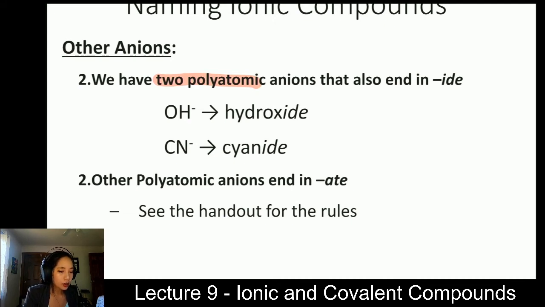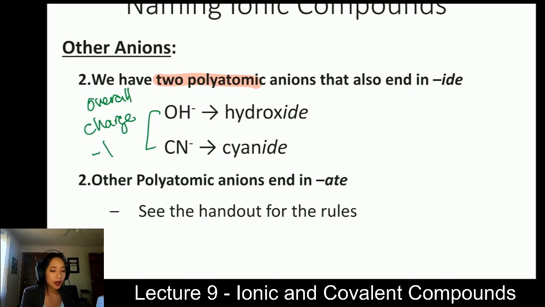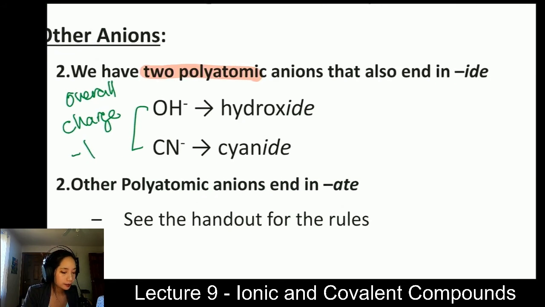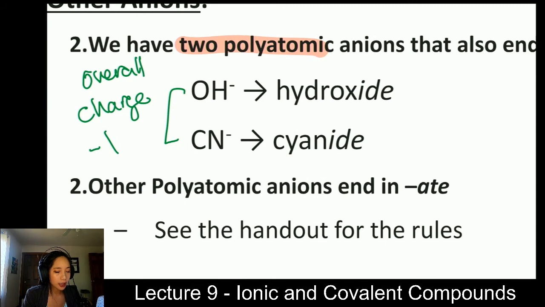Both of them have overall charges of minus 1. We call this OH minus species hydroxide, but also see that it ends in ide, so that will help you recognize that it's an anion. And then our second polyatomic anion is CN minus, and this is cyanide. So OH minus, hydroxide, CN minus, cyanide.